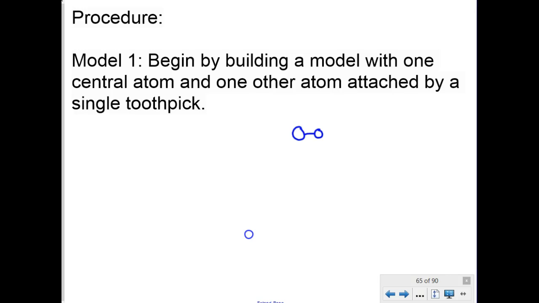There is not another toothpick to compare the bond angle to, so please put a line through that or an N/A. How would you describe the shape of this? What is the fancy mathy sciencey word for line? Linear. The name for this molecule shape is linear. L-I-N-E-A-R.